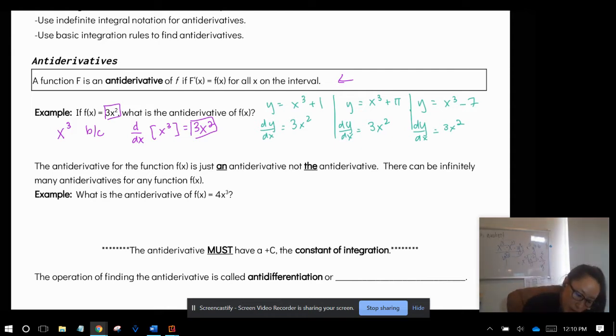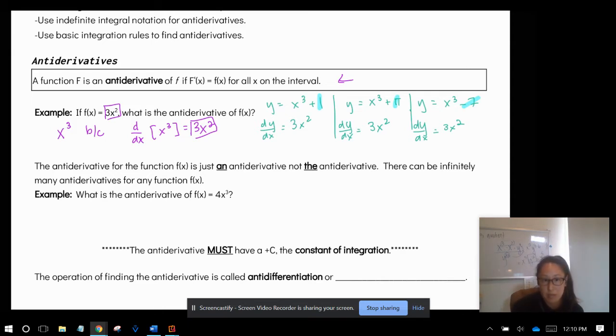So notice here that on each one of these original functions, I have some kind of constant that I added to my x cubed term. And when I take the derivative of that, I get a 0.